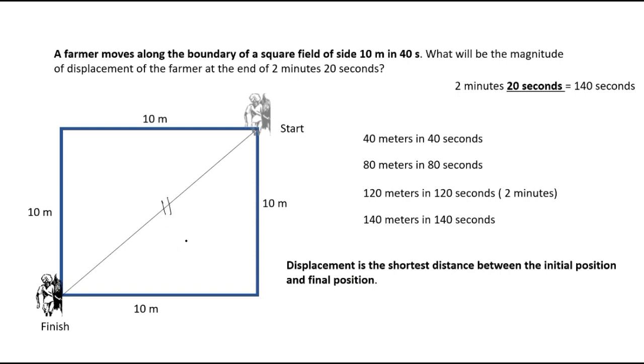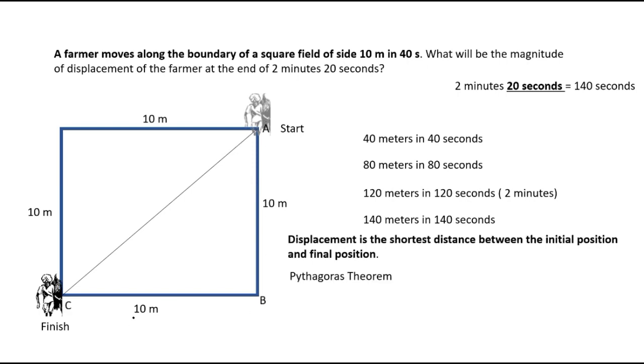And now we can easily go, if we can consider this as a triangle ABC, right? And according to the Pythagoras theorem, we can write that AC square is equal to AB square plus BC square.